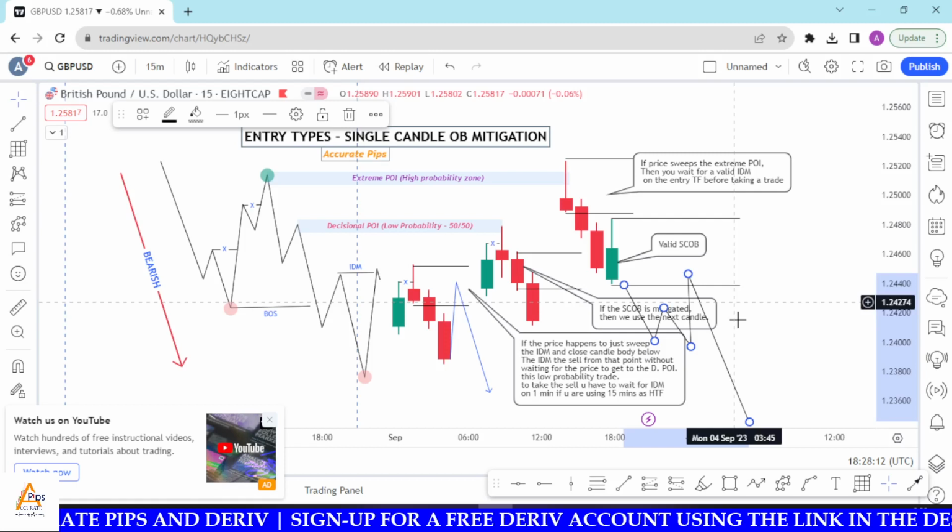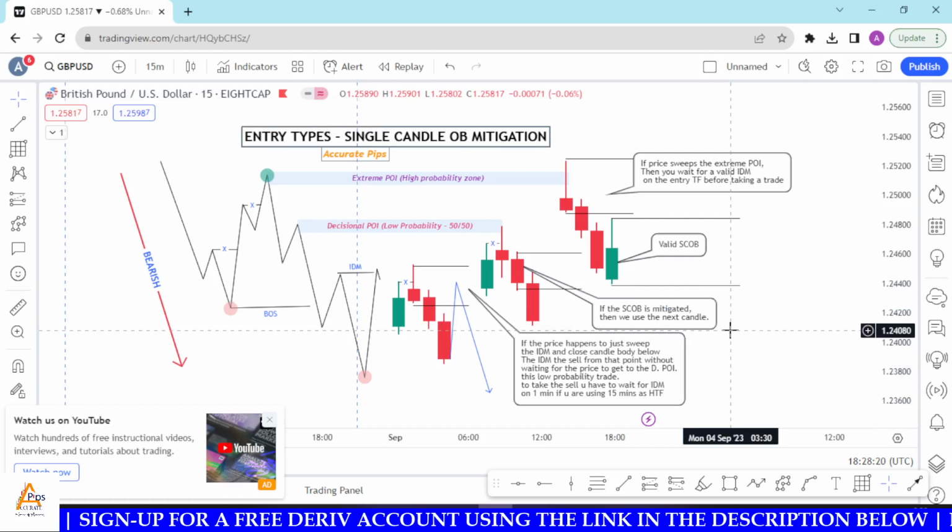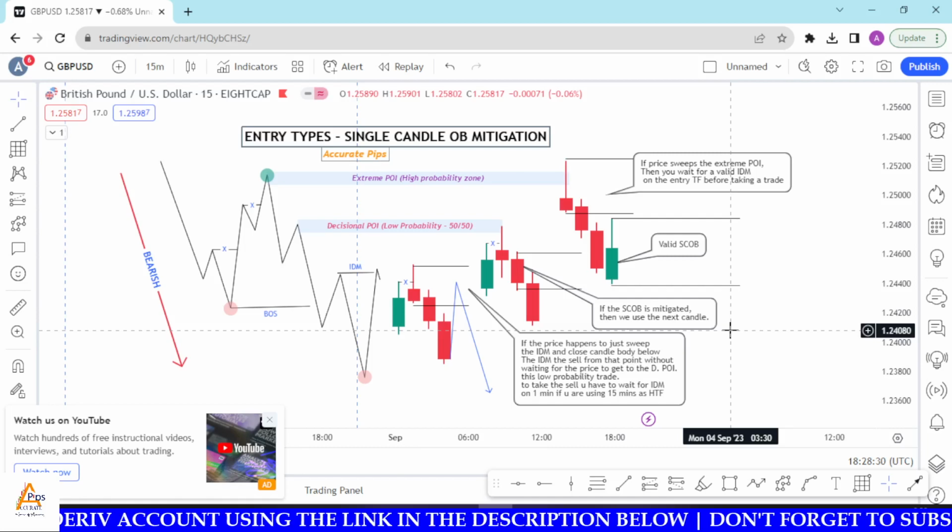All right. Okay. So I think these are the key things you need to know about single candle order blocks. Any question on this before I move on?